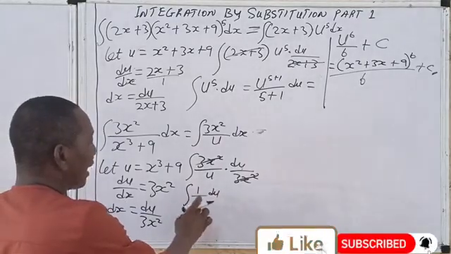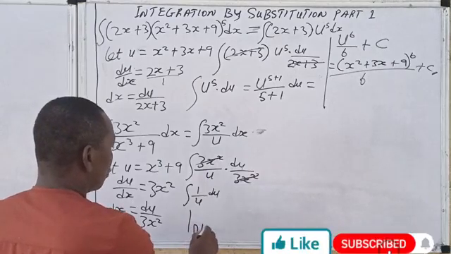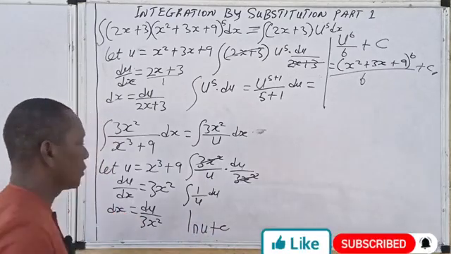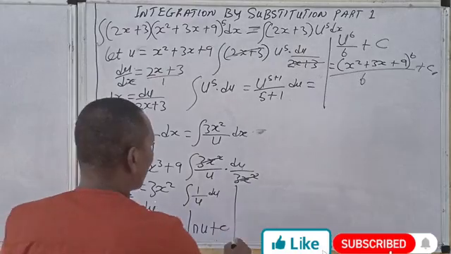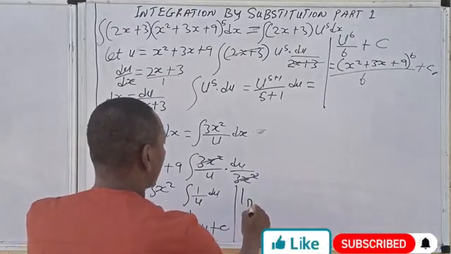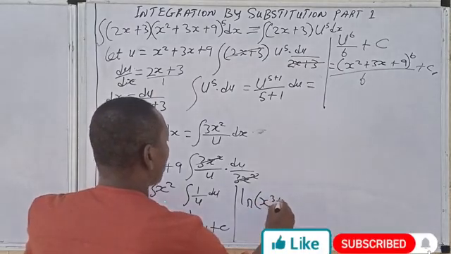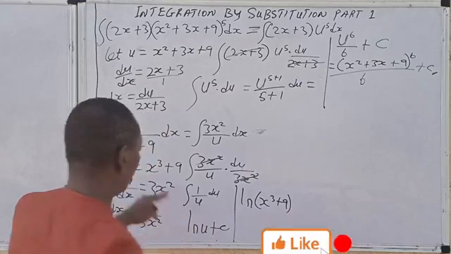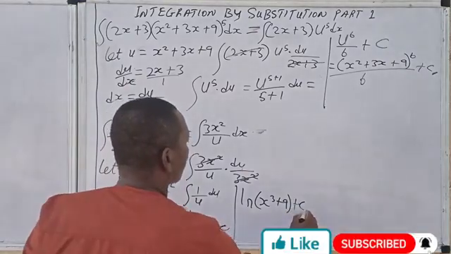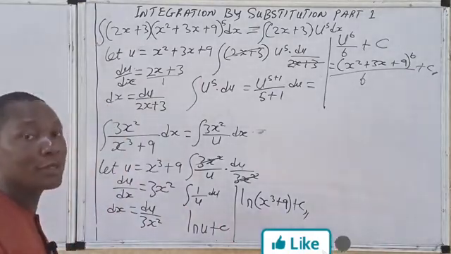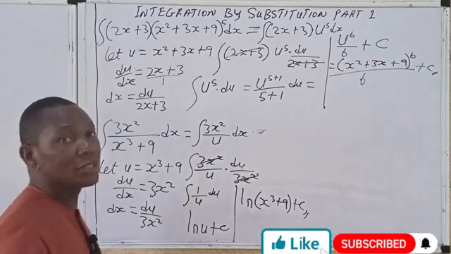If you have 1 all over u, automatically it becomes ln u + C. And what is u? This is u. So automatically the answer is ln(x³ + 9) + C. So this is the answer. It's a very simple concept. All right? Integration by substitution is very simple.